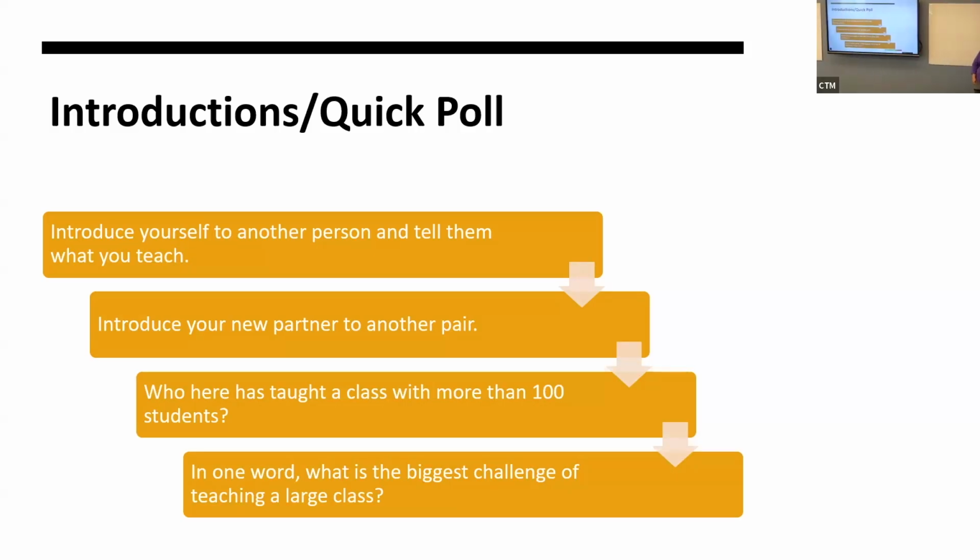But we've introduced ourselves, and we'd like to do a quick poll. Or what we would do in a classroom like this is on the first day, get in there and get people moving and discussing with one another about themselves. You can do this with a quick poll, or you can do different introduction strategies. Introduce yourself to another person and tell them what you teach.